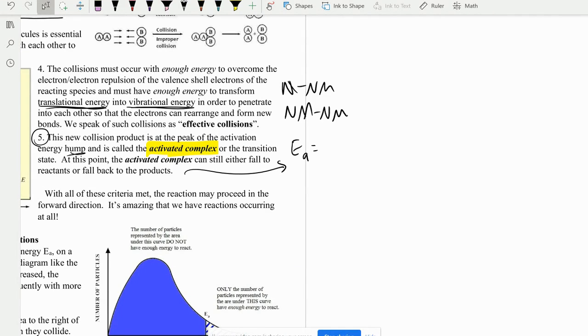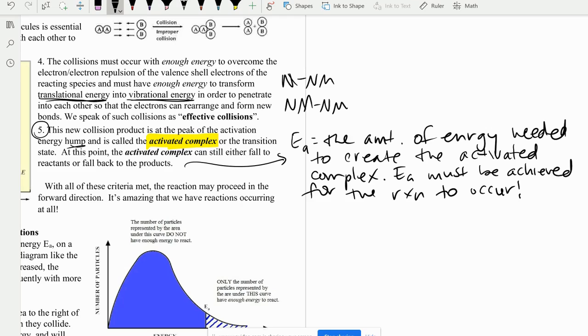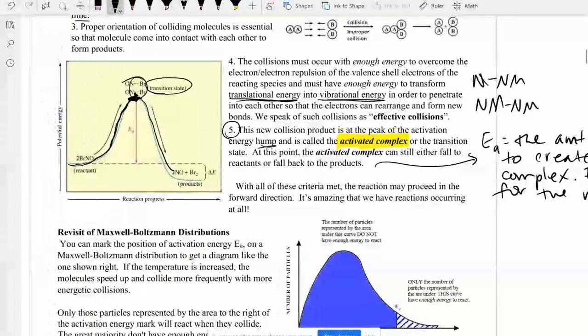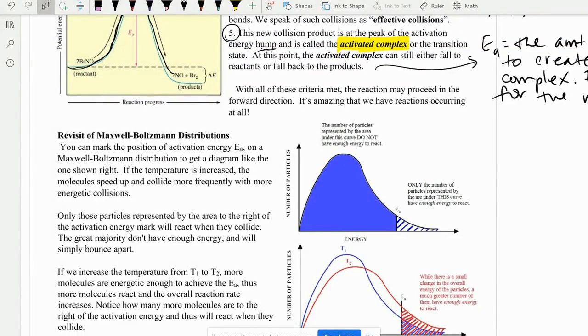Maybe you should just jot this down in your notes, but the definition of activation energy is the amount of energy that's needed to create the activated complex. It must also be achieved for the reaction to even successfully occur. With all this criteria met, you guys, the reaction proceeds. It's moving forward in what we call the forward direction. And actually, it's quite amazing that we even have reactions at all.